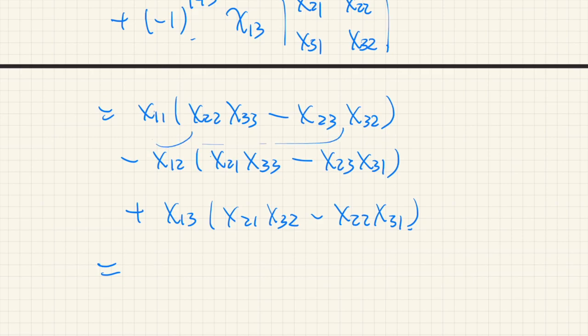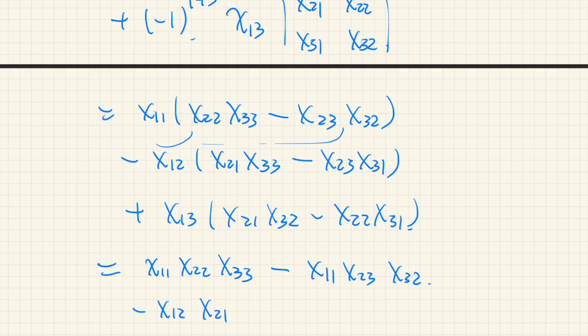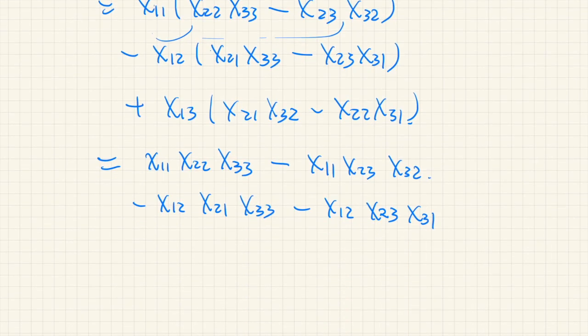So let's expand this, this and this and so on. So we have x11 x22 x33, and minus x11 x23 x32, and minus x12 x21 x33, and plus x12 x23 x31, and plus x13 x21 x32, and minus x13 x22 x31.